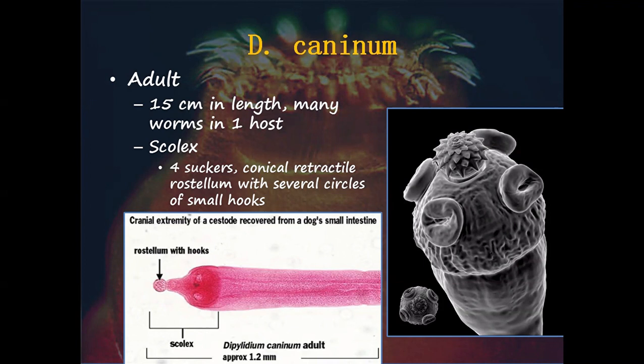The scolex also has 4 suckers, but it has a retractile rostellum with several circles of small hooks. So 1, 2, 3, 4, about 4 circles of small hooks in this case. So they still have 4 suckers, but the rostellum is retractable with several circles of small hooks.